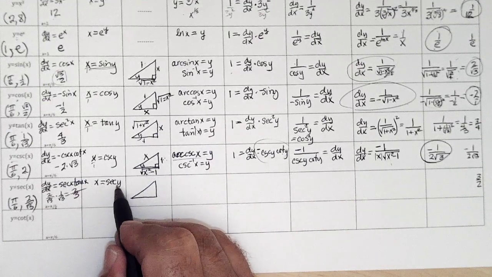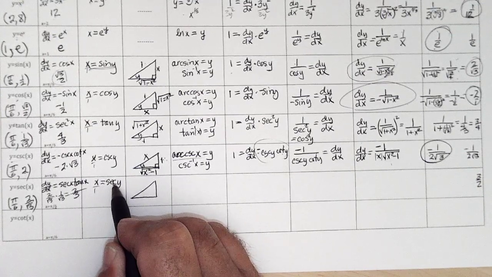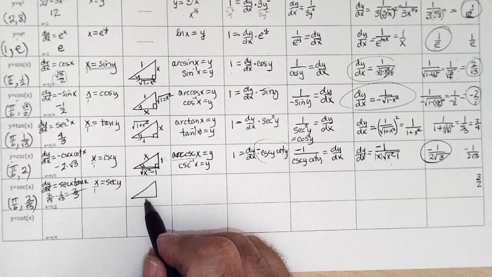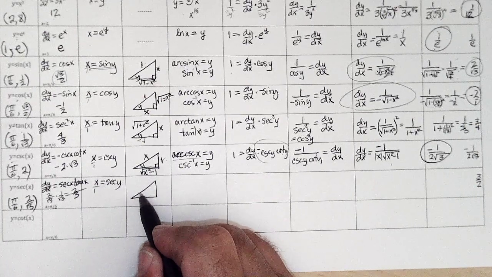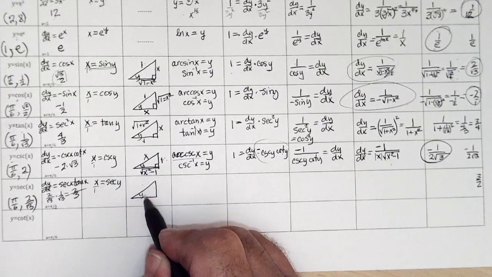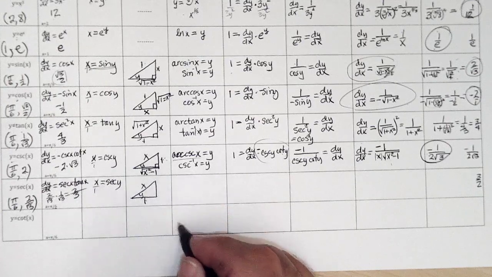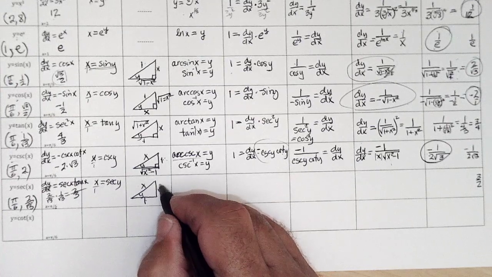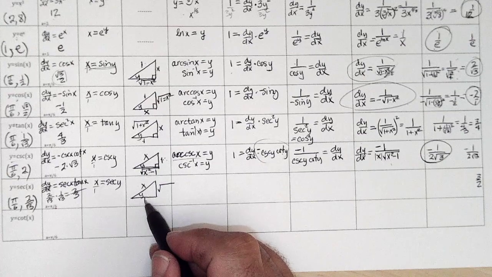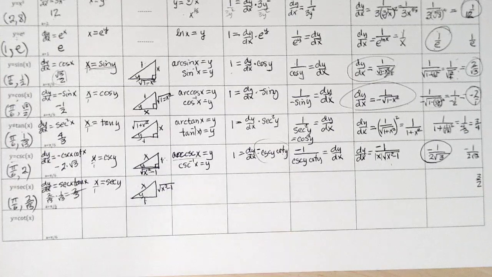Okay, x over 1 is the secant. Secant's 1 over the cosine, so the cosine is adjacent over hypotenuse if this is y. So the secant is hypotenuse over adjacent, so it's x over 1. Solving for this side, I would go hypotenuse squared minus leg squared to get that.